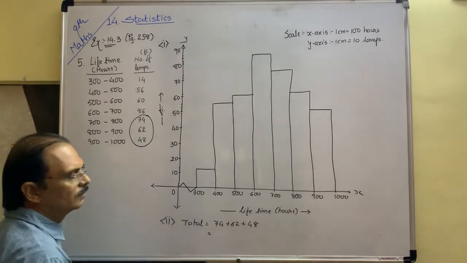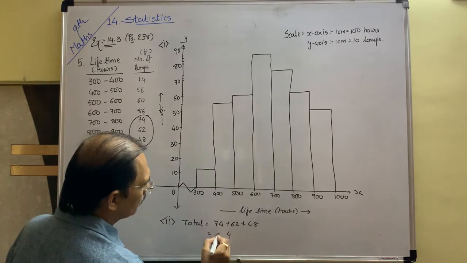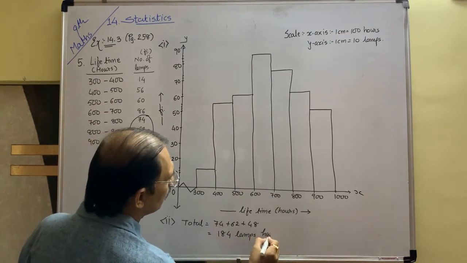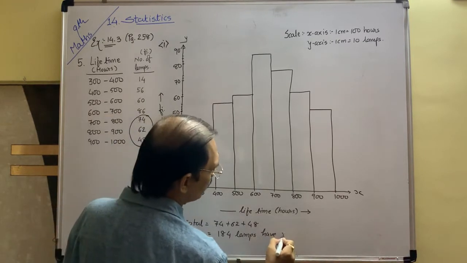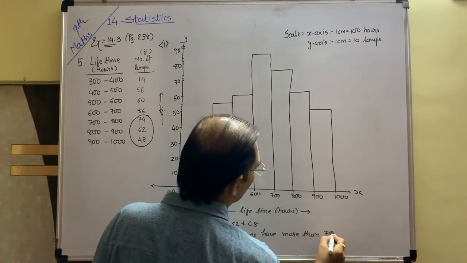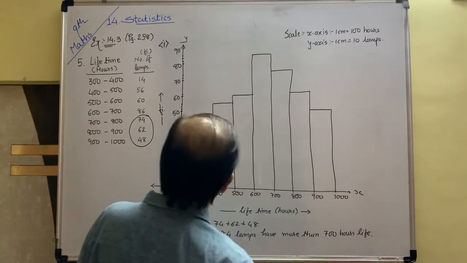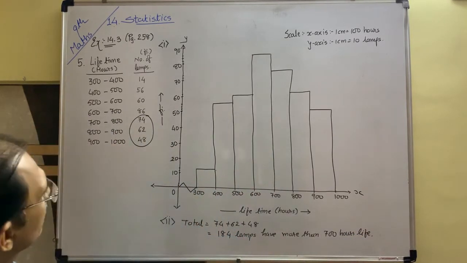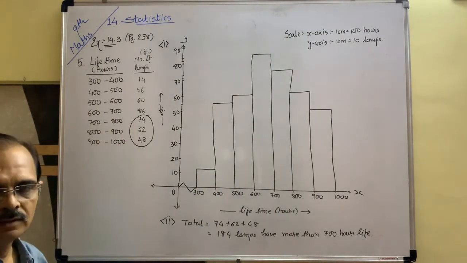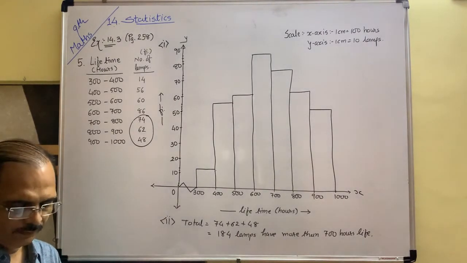The total is 184 lamps have more than 700 hours life. Okay, more than 700, that is 74 plus 62 plus 48. Is it okay? So this is your question number 5.